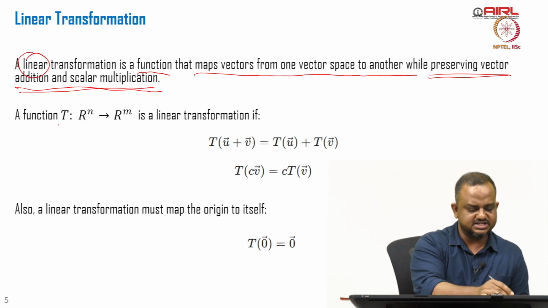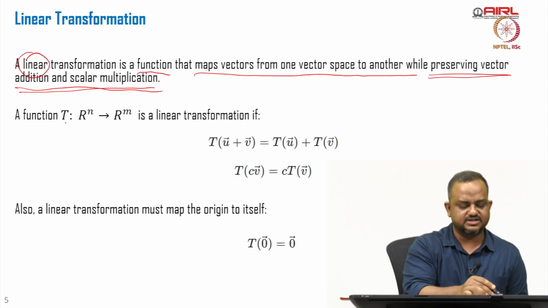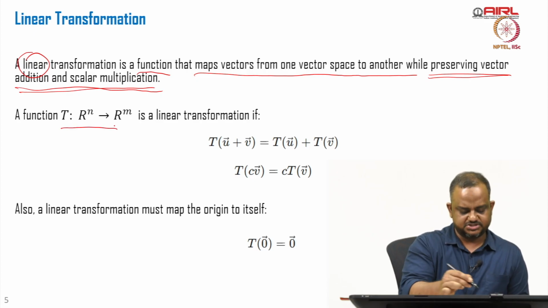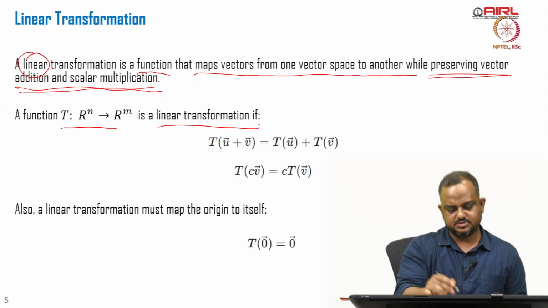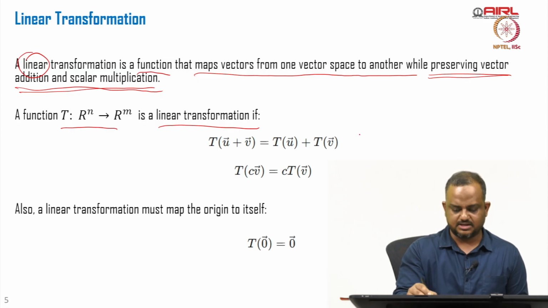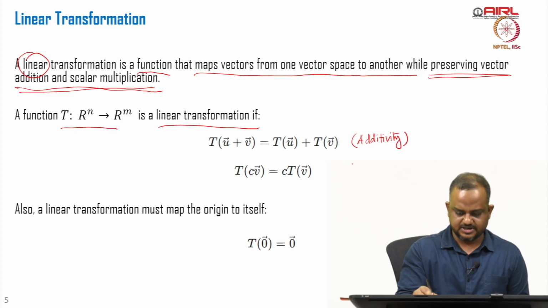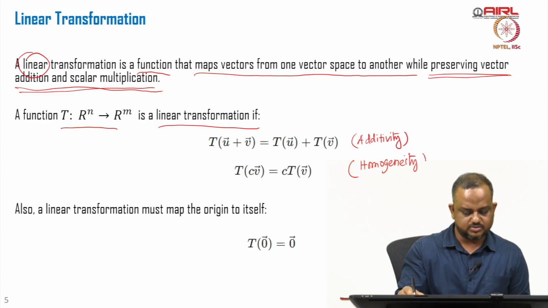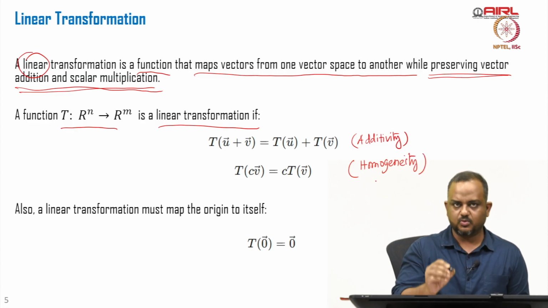So a function T, which will actually give the transformation, is represented like this. This function T is a linear transformation if the condition on additivity is satisfied, and the condition on homogeneity is also satisfied. Not only that, we need one more condition.